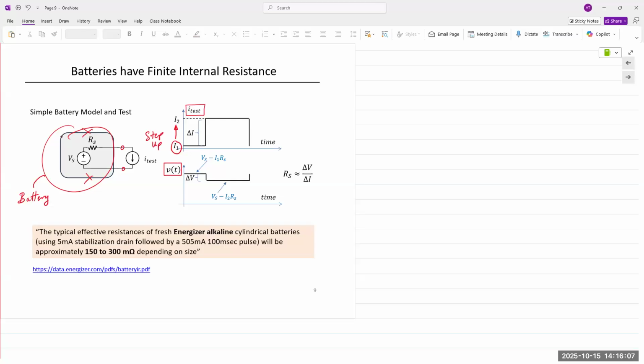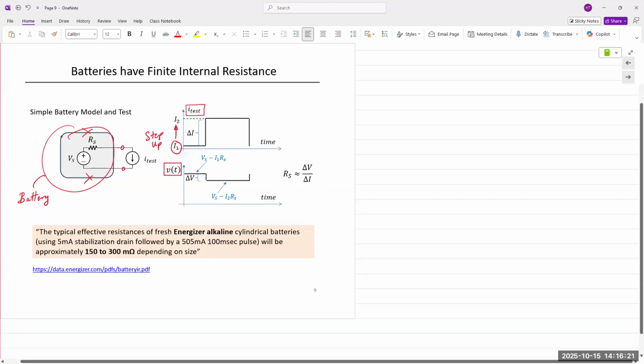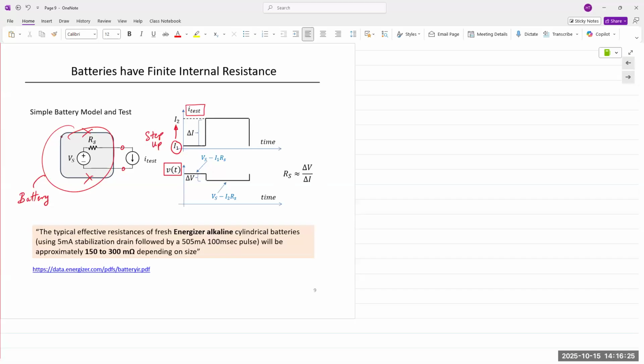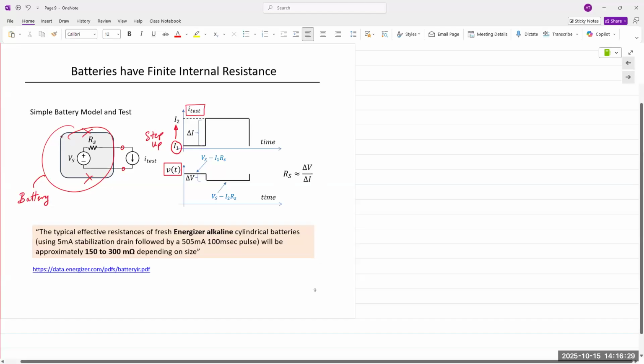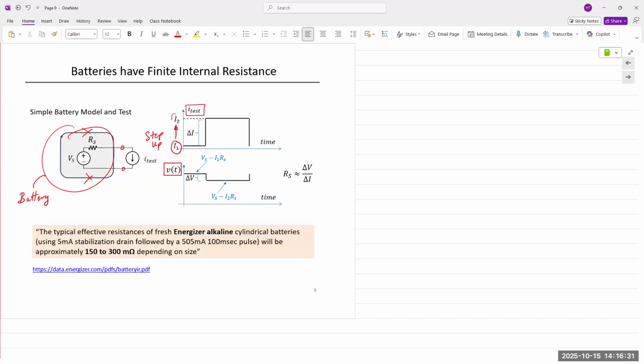Then we can apply Ohm's law to the measured change in voltage in response to the applied change in current. We apply current I test as I1 at this level, and we change the value all the way up to I2.